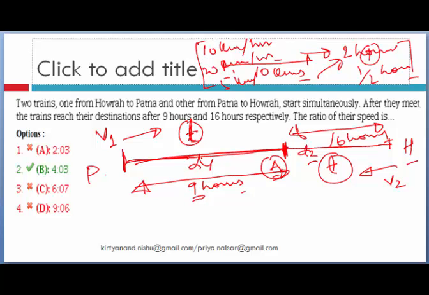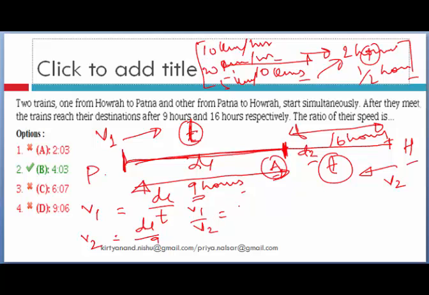So for this particular part, what we'll do is we'll find out the ratios. So v1 is nothing but, let's say, d1 by t, and v2, which is the speed of this train, is nothing but d1 by 9. Now I have to find out v1 by v2, and that is what the question is asking us to do.